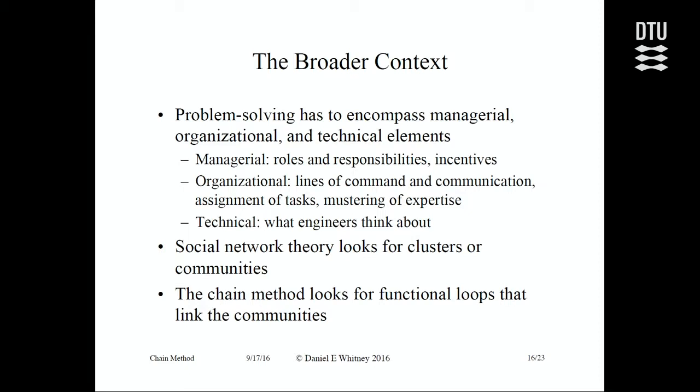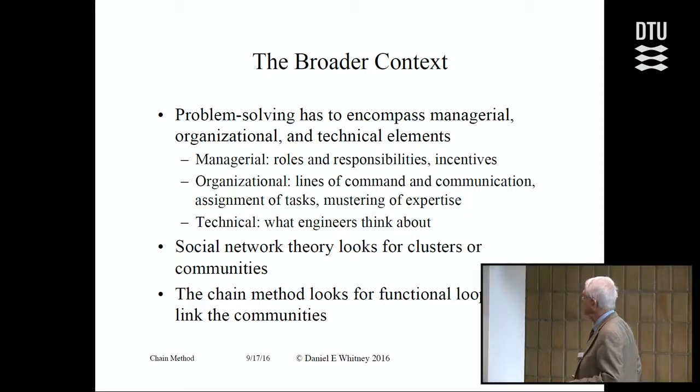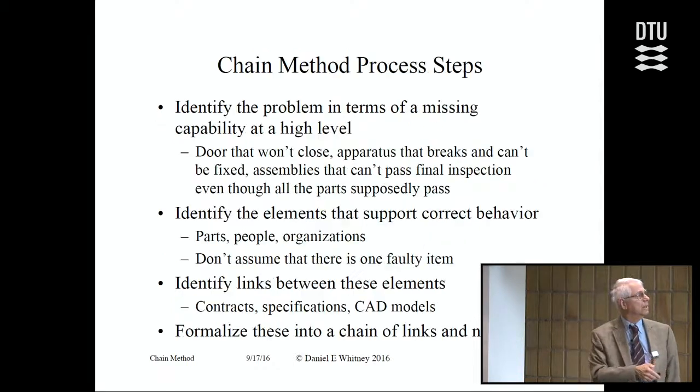They don't care what it does, and nobody can predict. Organizational: lines of command, communication, assignment of tasks, mustering of expertise, and so on. Technical: what engineers think about. It's the last thing. If you don't have the managerial right, you can't get the organizational right. If you don't get the organizational right, you can't get the engineering right. So we're looking for these functional loops that link the communities.